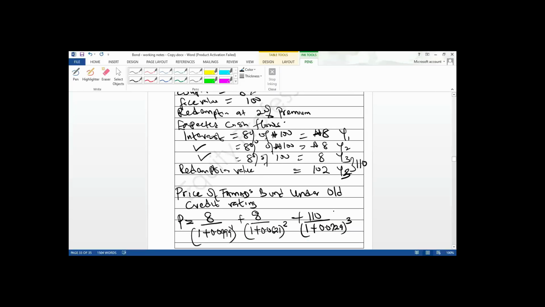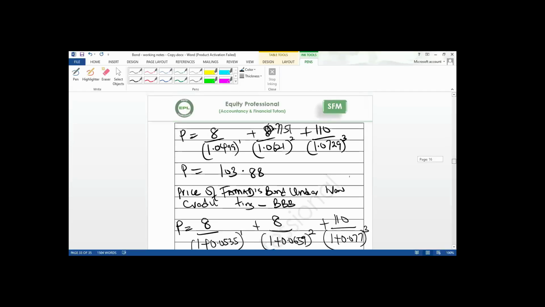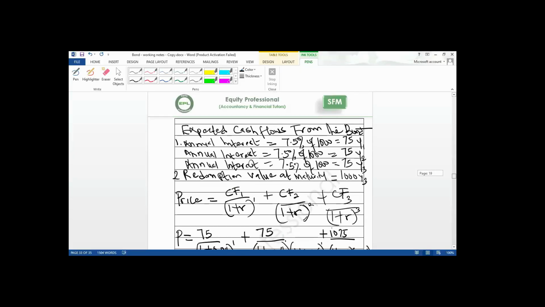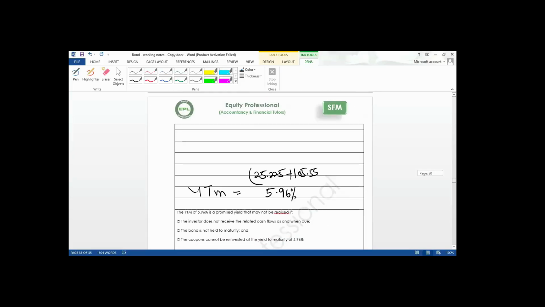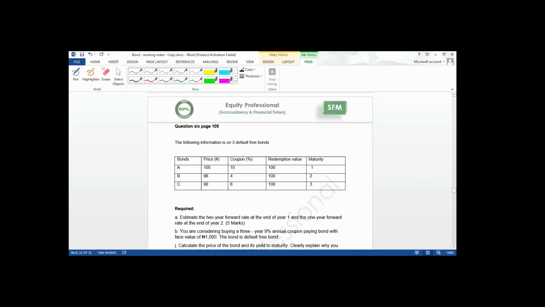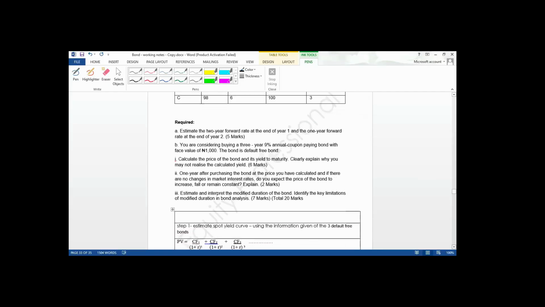We even get the question said. That is the question, B3. 1 year after purchasing the bond at the price you have calculated, and if there are no changes in market interest rates.